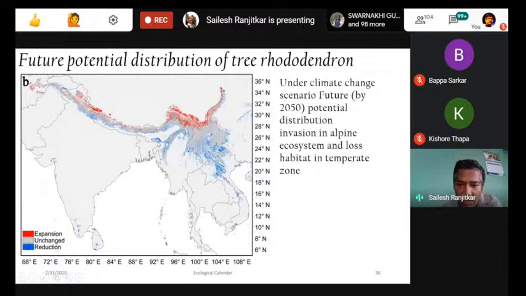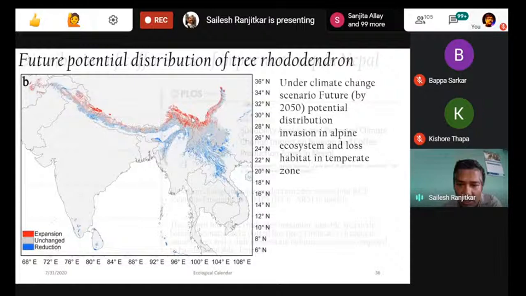You can see it in Meghalaya, Arunachal, Bhutan, Darjeeling, throughout Nepal, even in the lower part of Yunnan. Interestingly, this species is also present in Thailand, Vietnam, and Laos, and most of its ecological suitability will be lost in these regions by 2050, and it will mostly shift toward the Tibetan Plateau, invading the alpine ecosystem.